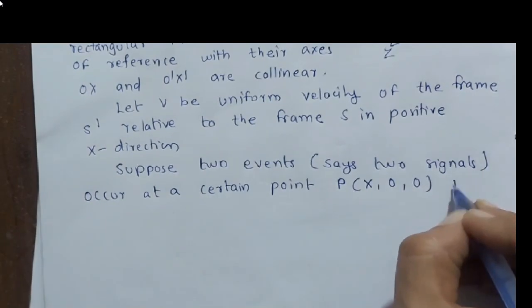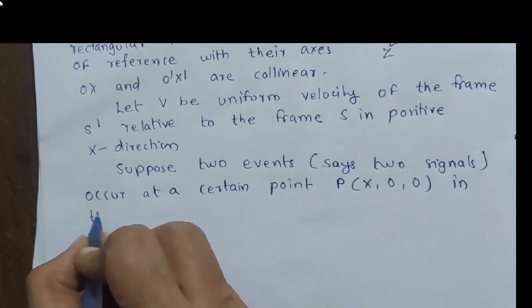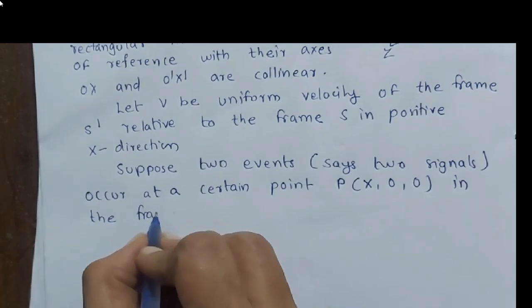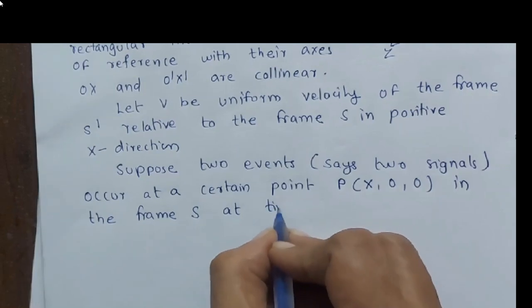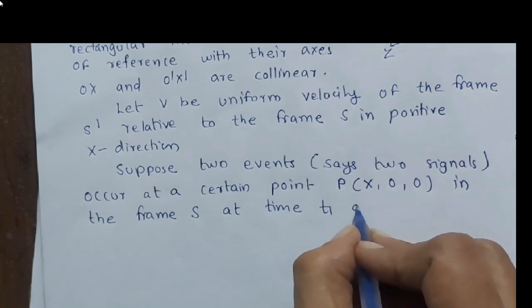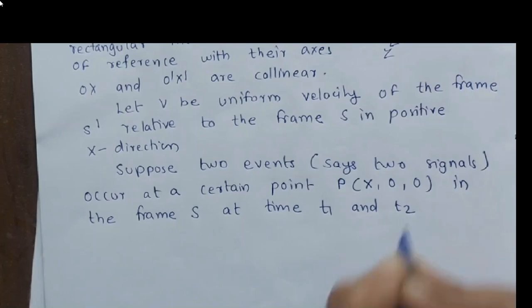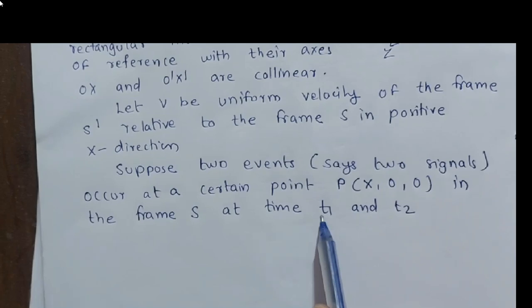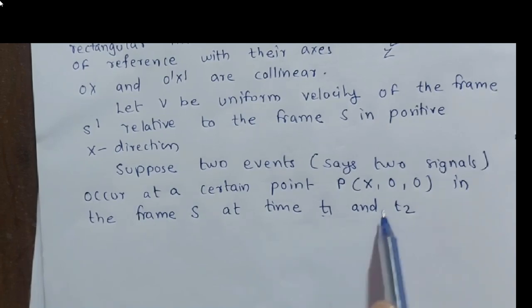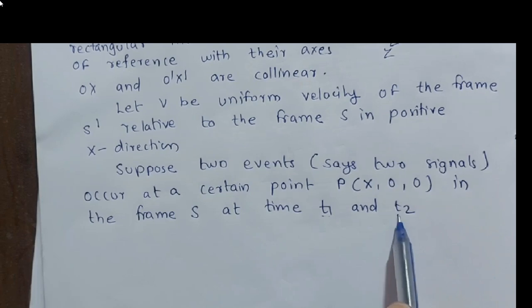In the frame S at time t1 and t2. If you are standing on the stationary frame, then two signals which appear at time t1 and the second signal you heard at t2.